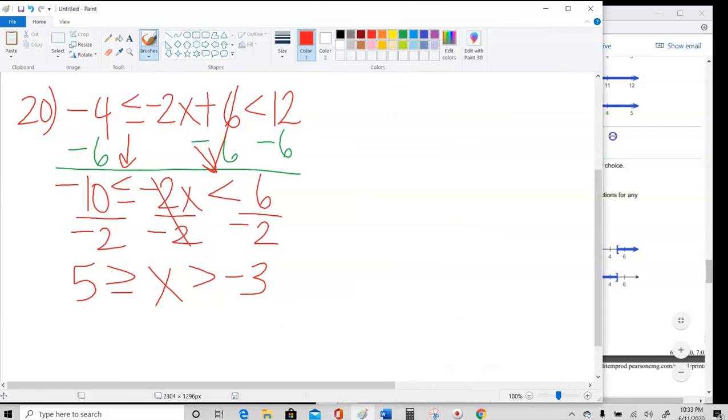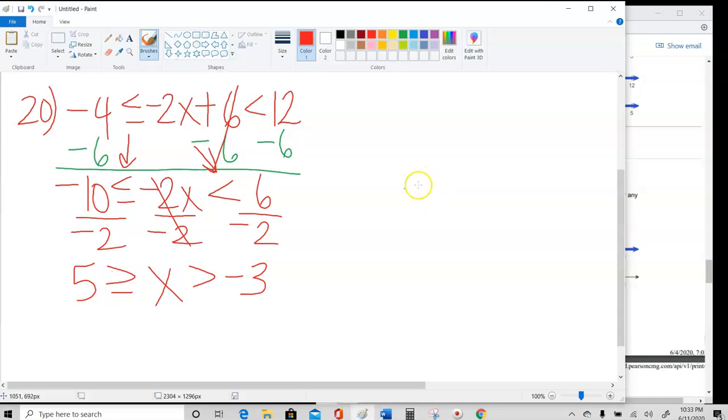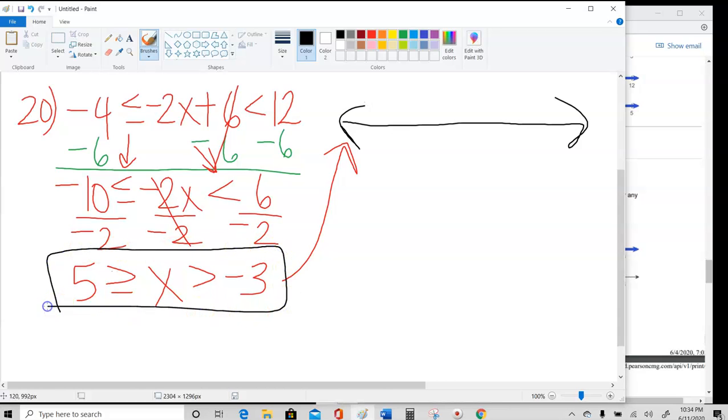Now, we've never had this happen before. Yeah, 5 is greater than negative 3, but we cannot graph this on our number line with our numbers in that order. So what you do is just write this down on a sheet of paper, what I just circled, with a magic marker, and then turn the sheet of paper around.